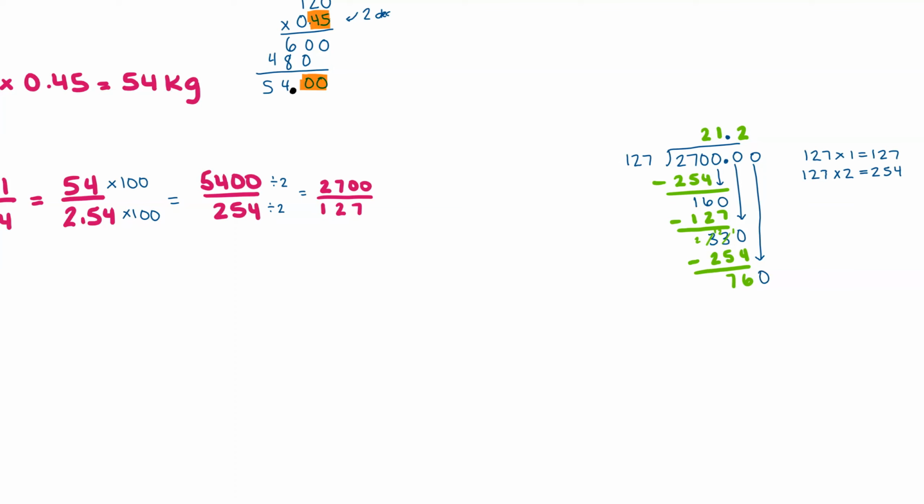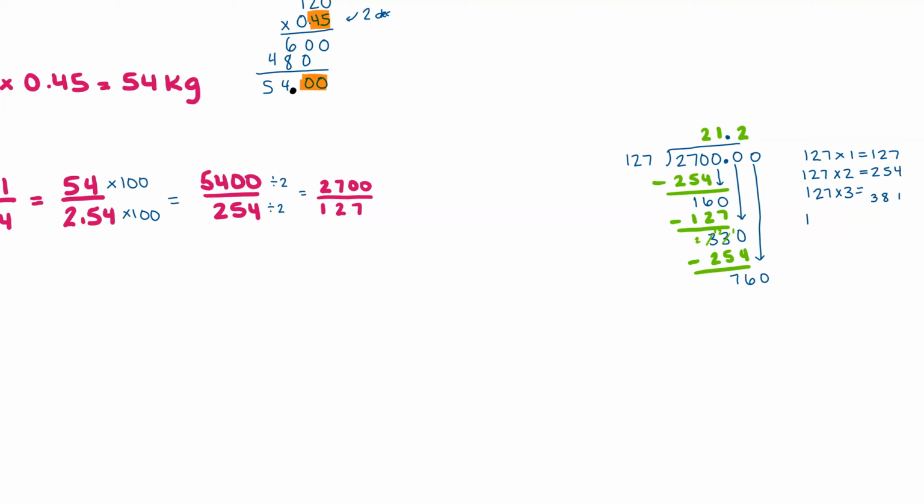So now we have 127 into 760. All right, let's add 127 a couple times over here. So 254, that would be 381 if I add 127.